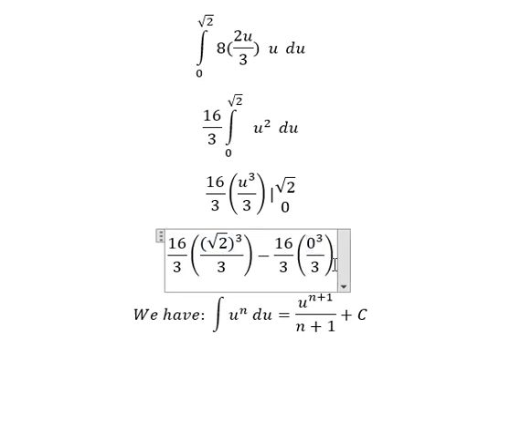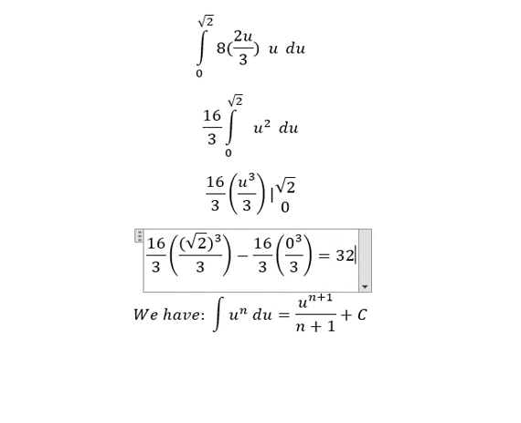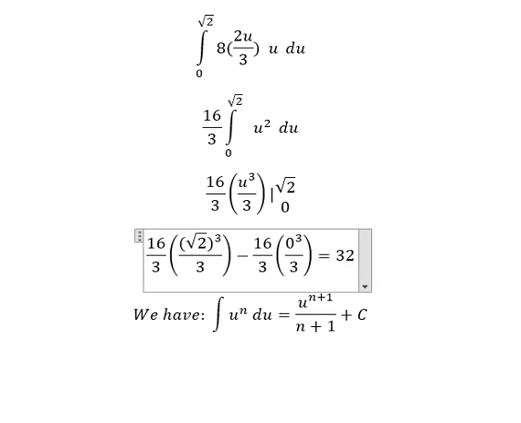So we calculate this one, and we have 32 times the square root of 2 over 9.